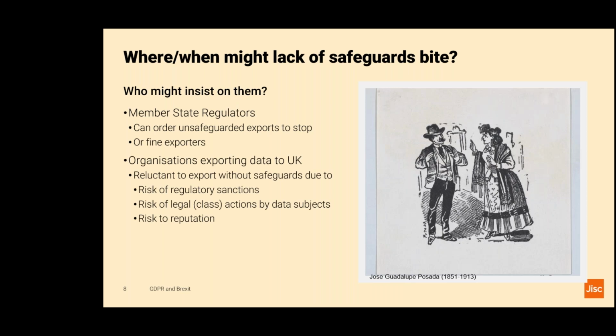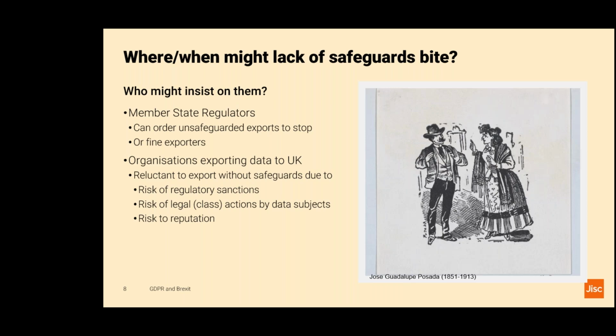That would be quite a long process, and you'd get a fair bit of warning of that happening, I think. Probably more likely in the short term is that organisations who you hope will continue to export data to the UK will be reluctant to export unless they can show their national regulators that that export is covered by the appropriate safeguards. Might be three reasons: sanctions from their own regulator, but see previous discussion.